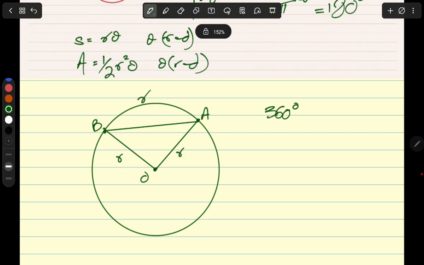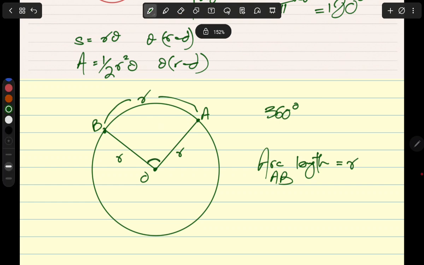We are saying that this curved length is the same as r, the radius of the circle. We are not saying that it should be twice, we're not saying that it should be half, exactly equal. So we are saying that the arc length AB is equal to the radius of the circle. So this angle right here subtended at the center is called 1 radian.